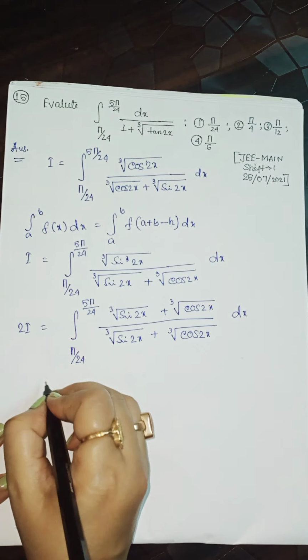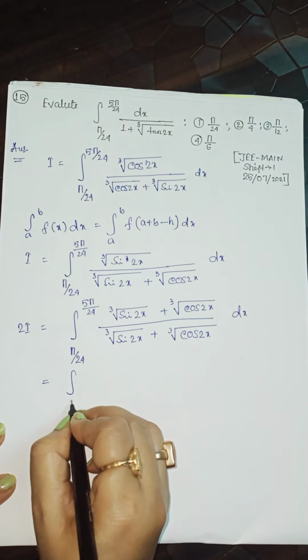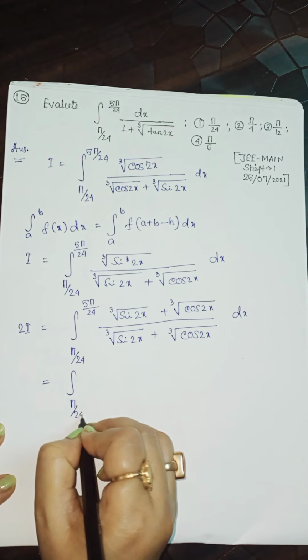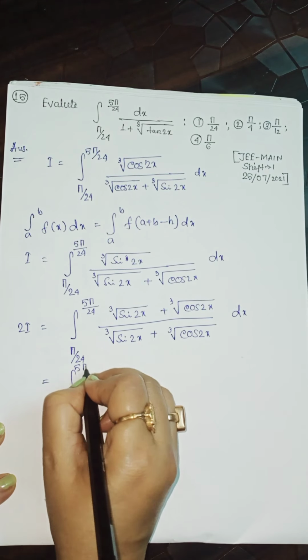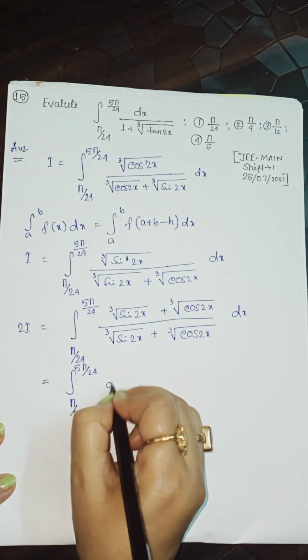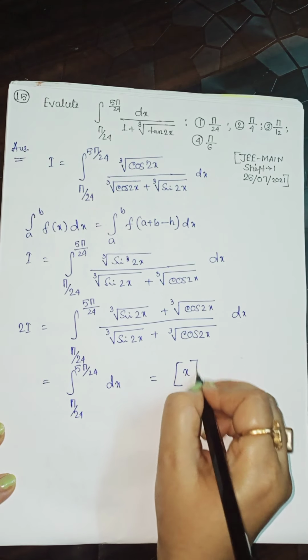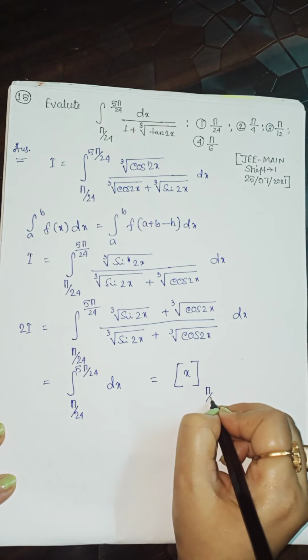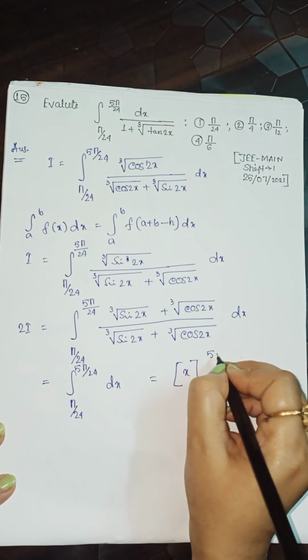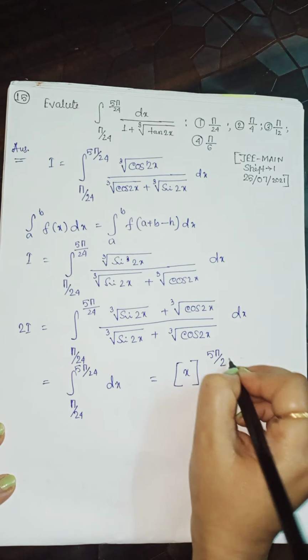So this and this are cancelled off, so this one is the integral from pi by 24 to 5 pi by 24 of dx. So it is x between the limits pi by 24 to 5 pi by 24.